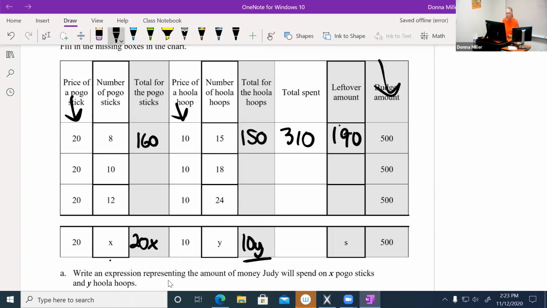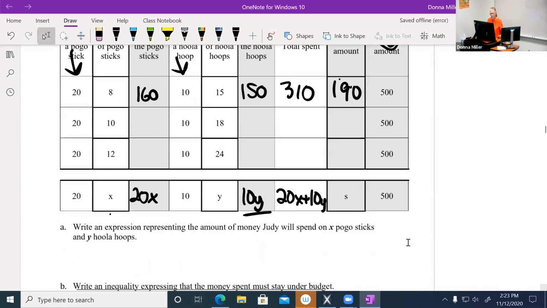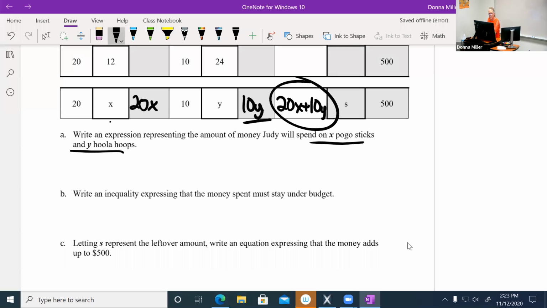So my total spent would be the sum of those, 20x plus 10y. And then we have some left over, which we call the slack variable. That's the leftover money. And the budget's 500. So part A, an expression for what she will spend on x pogo sticks and y hula hoops, would be 20x plus 10y.